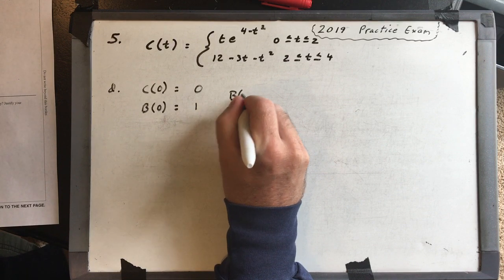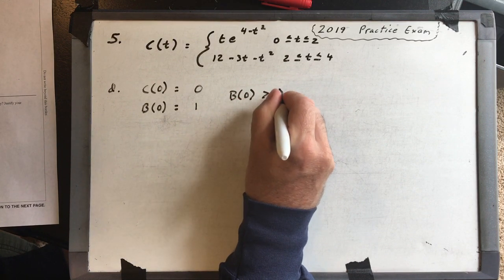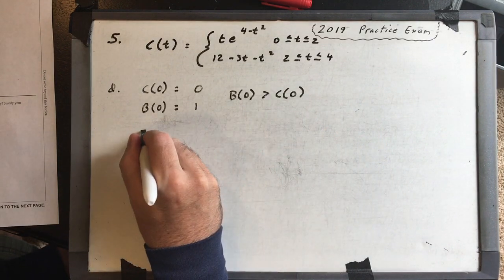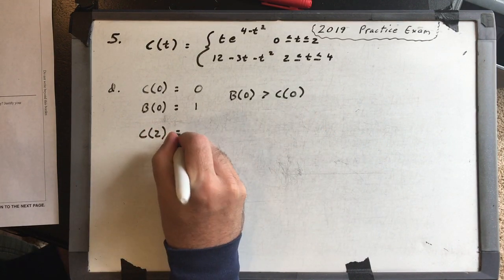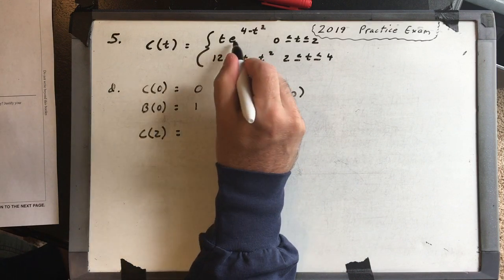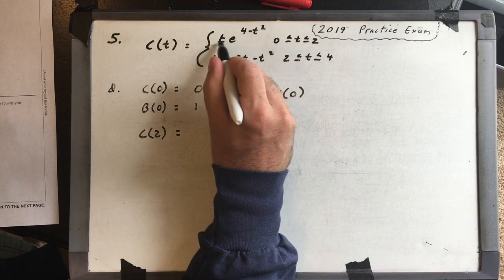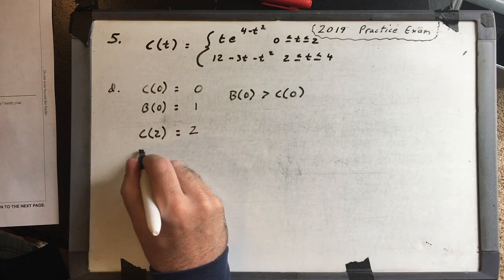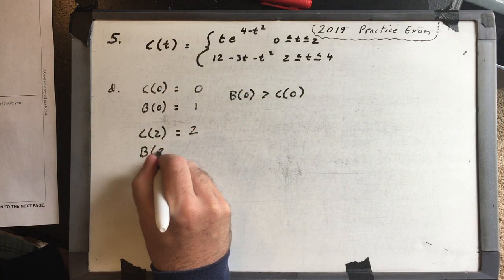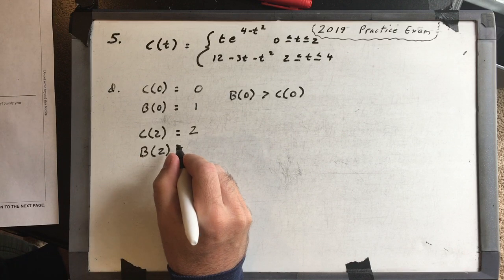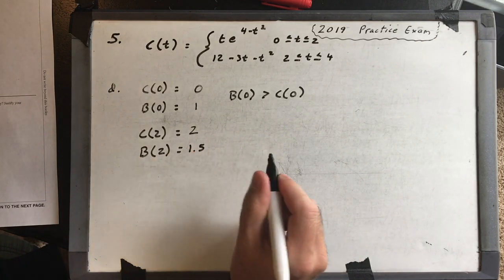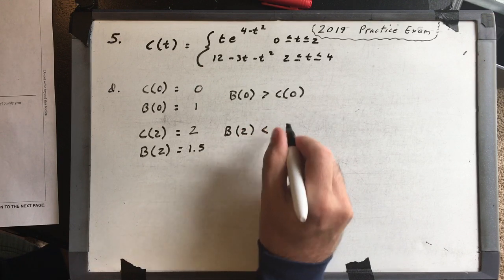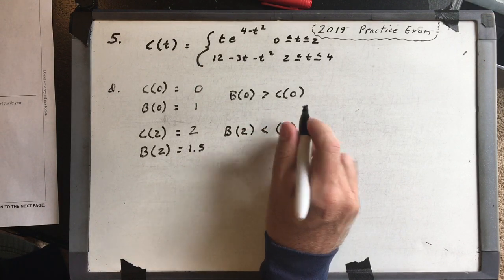So b of 0 is greater than c of 0. Now let's look at 2. C of 2, if you plug it into t e to the 4 minus t squared, you get 2 times e to the 0, so that's 2. And looking at the table, b of 2 is equal to 1.5. So b of 2 is less than c of 2.